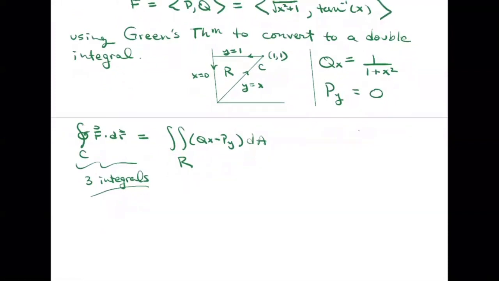So we're going to have a double integral of Qx, which is just 1 over 1 plus x squared. Makes sense to do dy first and then dx. What's the lower limit on y?